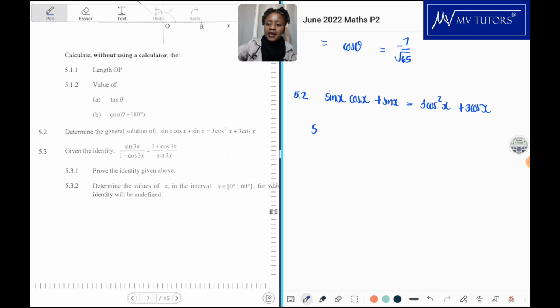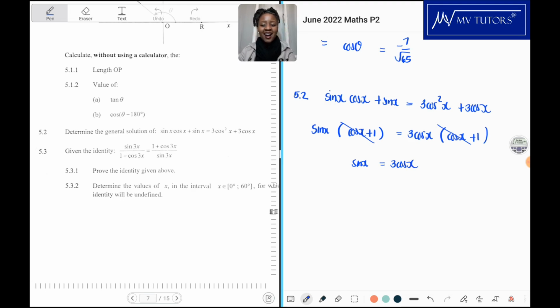On the left hand side, I have sine x as my common factor, so I'm left with cos x plus 1. And on the right hand side, I have 3 cos x as my common factor, so I'll be left with cos x plus 1. And I can divide both sides by cos x plus 1, so they will cancel. And I am left with sine x being equal to 3 cos x.